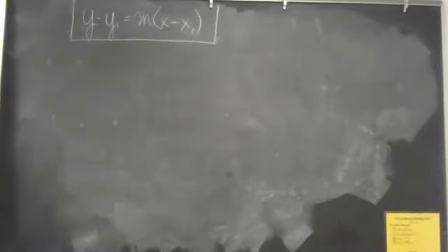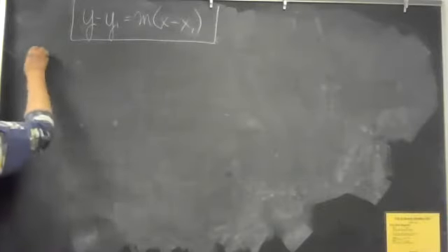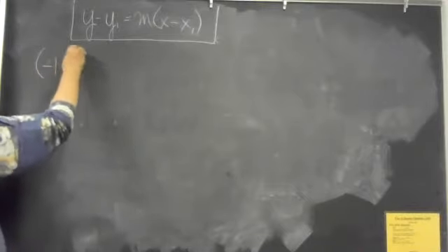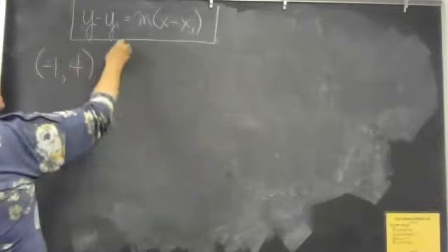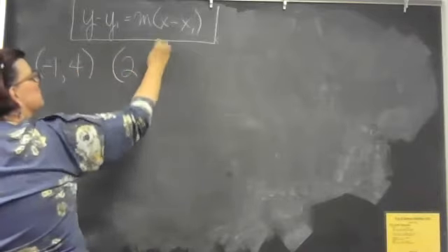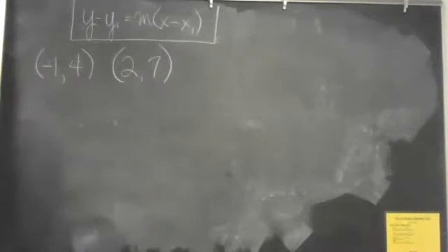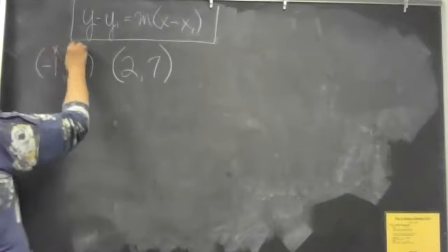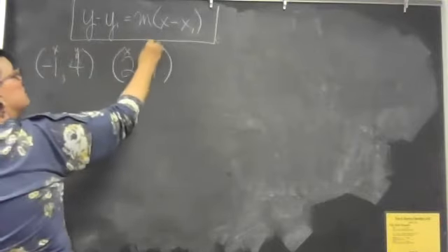Okay, we want the equation of a line that goes through, let's just make up some numbers, -1, 4, and 2, 7. Probably will have some fractions in it, but we're not scared of fractions, right? We have x and y, x and y.